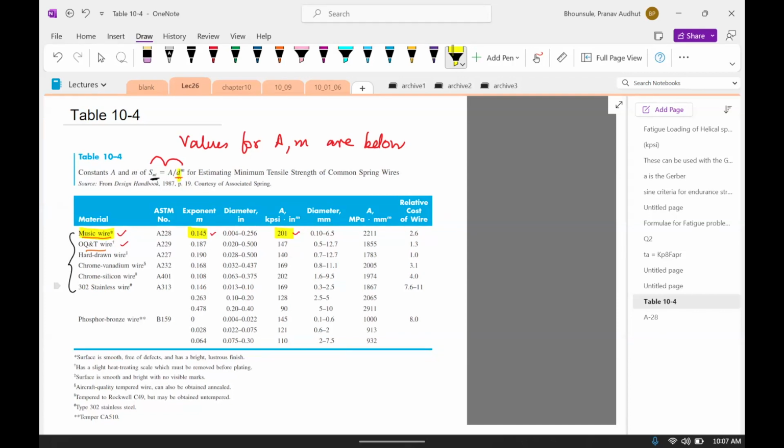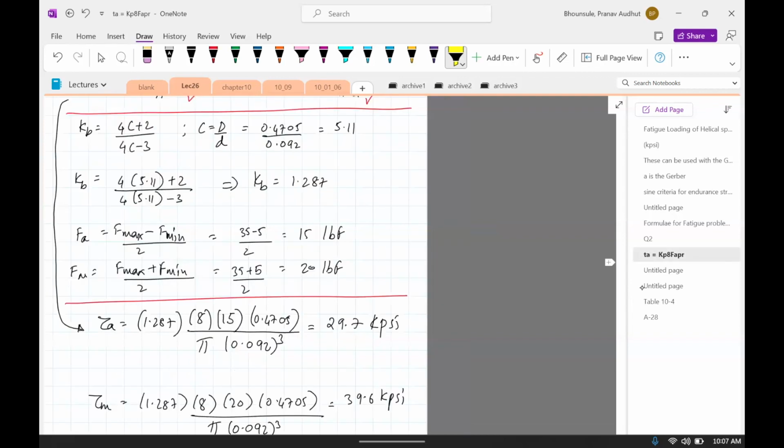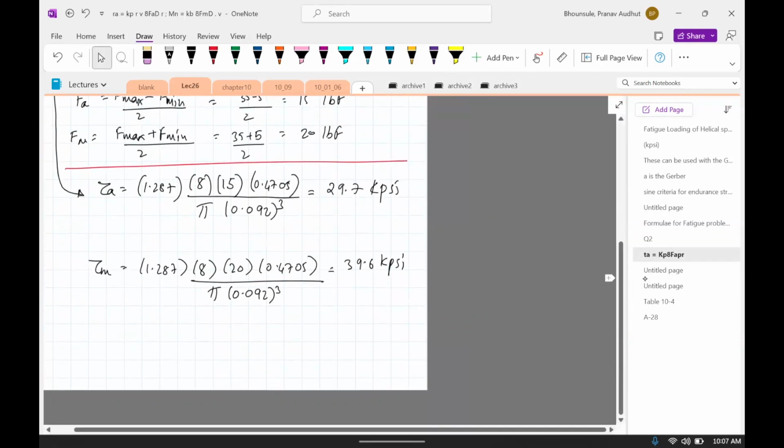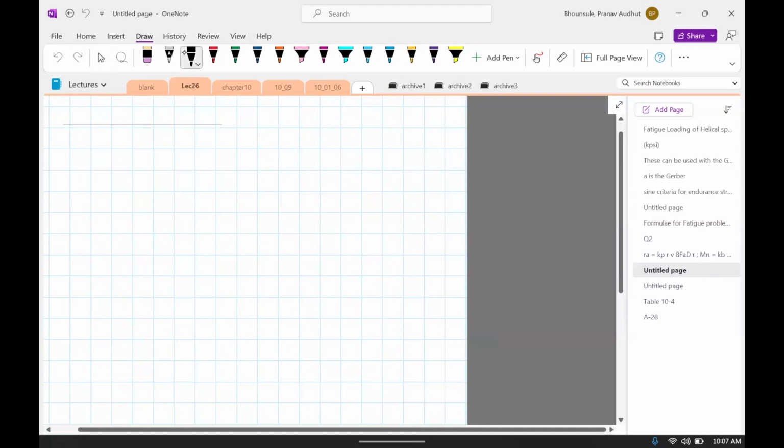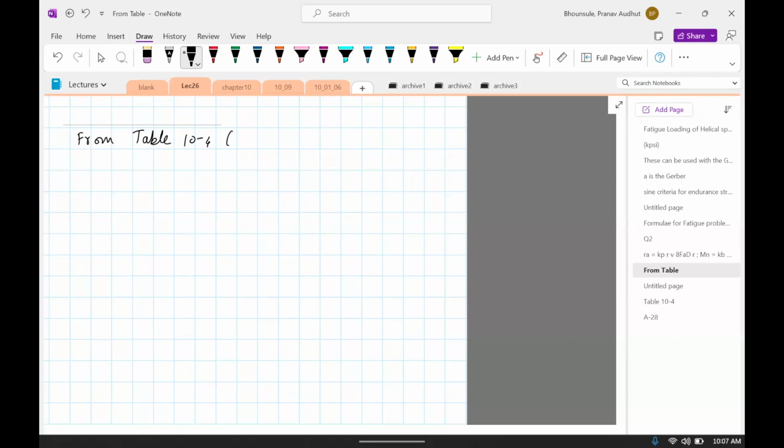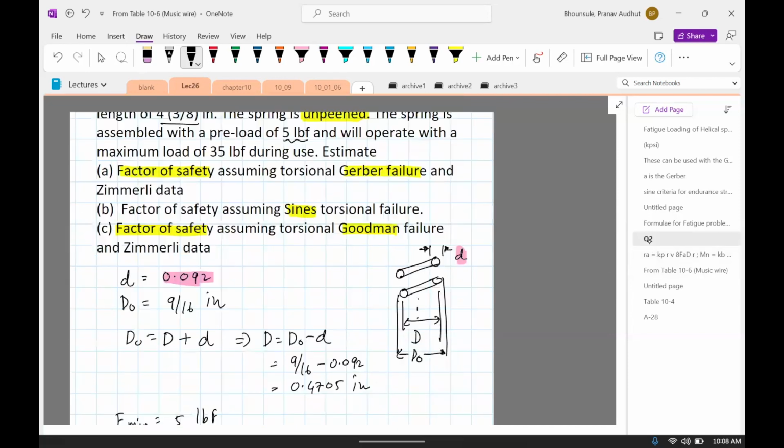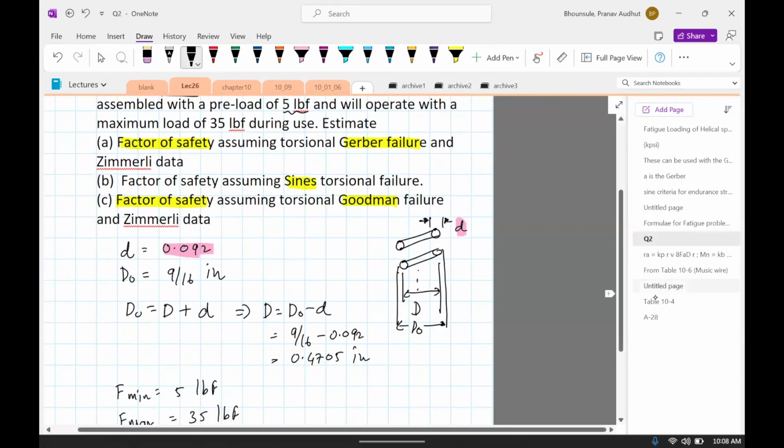So from table 10.4, for music wire, we have A equals 201, m equals 0.145, and we know that d for this particular spring is 0.092.